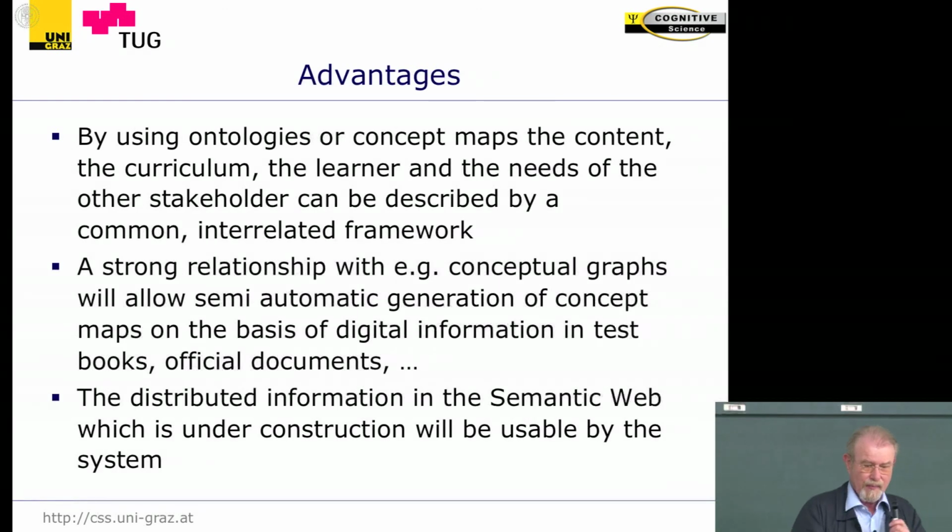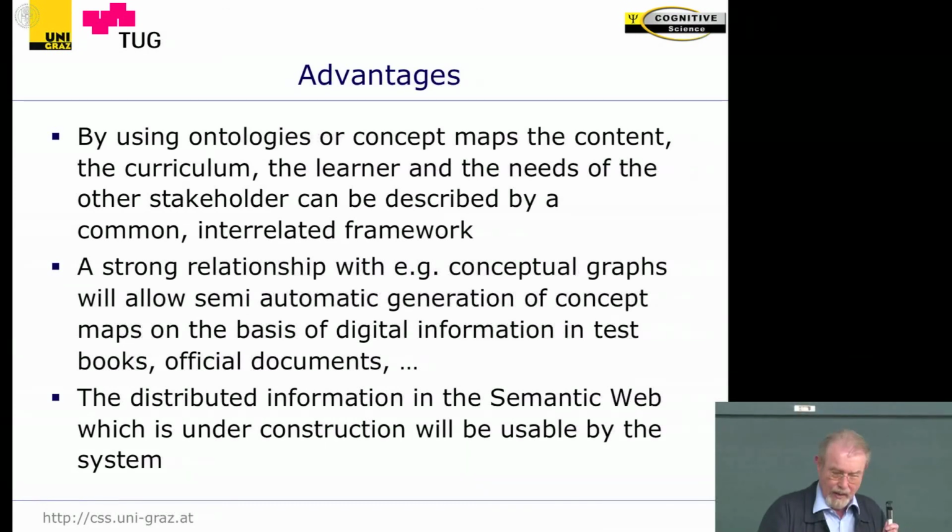The advantage of using the ontologies or concept maps means that the learner and the needs of the other stakeholders can be described in a common interrelated framework, and a strong relationship with, for instance, conceptual graphs will allow semi-automatic generation of concept maps on the basis of digital information in textbooks, official documents of the ministries, and so on.